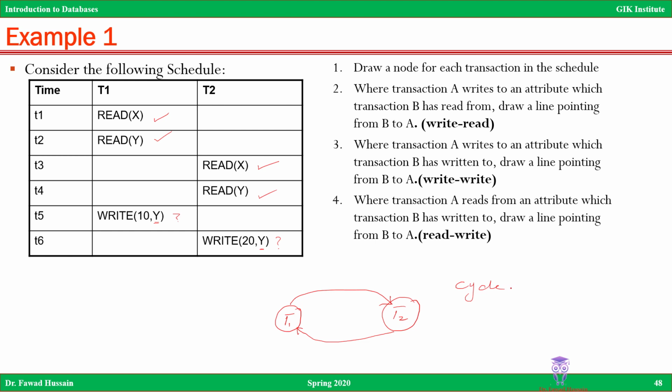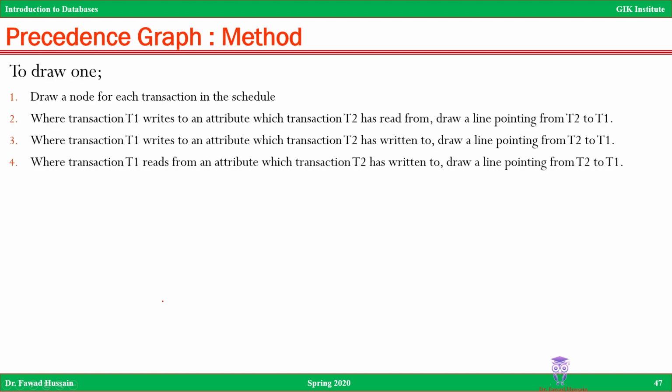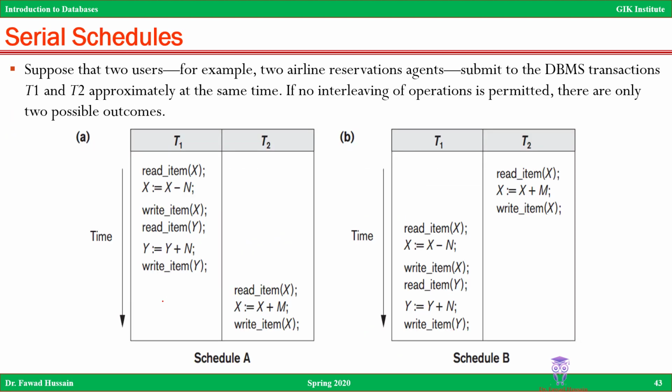So because there is a cycle, this means that these are not serializable. It means that this is not equivalent to T1 happening before and followed by T2, or T2 happening and then followed by T1, just as we saw over here.